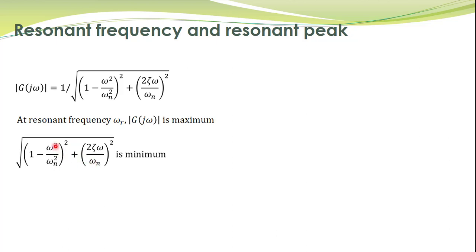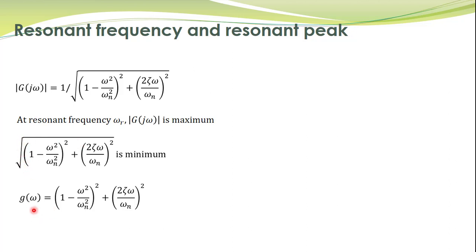At resonant frequency, that particular frequency omega r is called the resonant frequency. G of j omega is maximum, the thing in the denominator is minimum, and also the thing inside this square root is minimum.